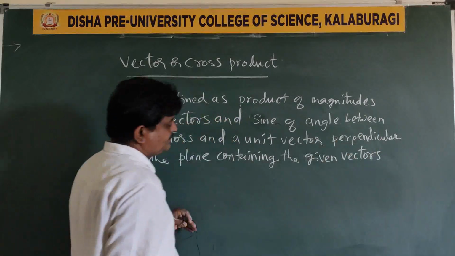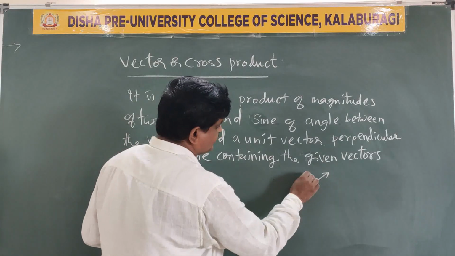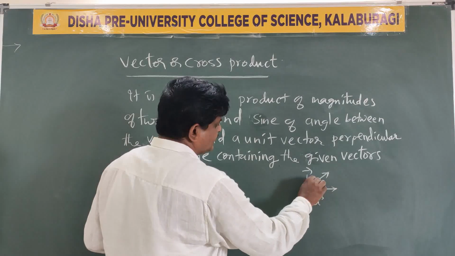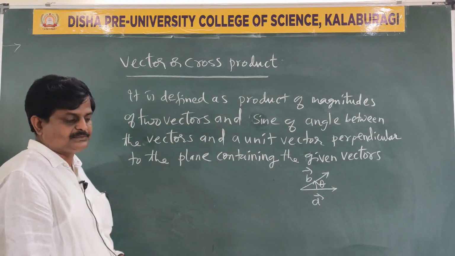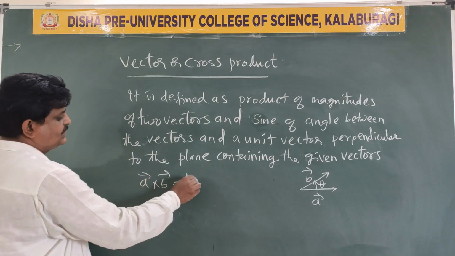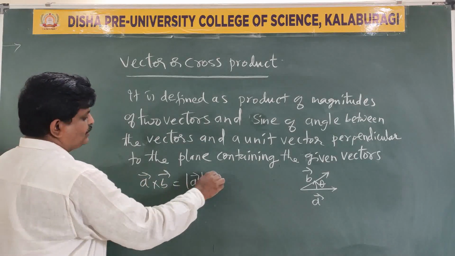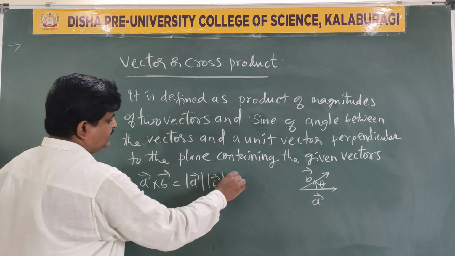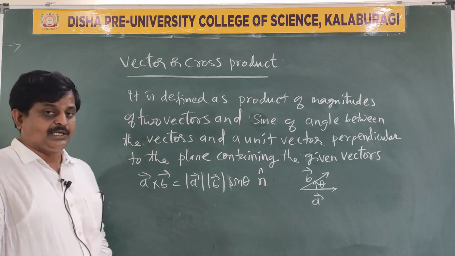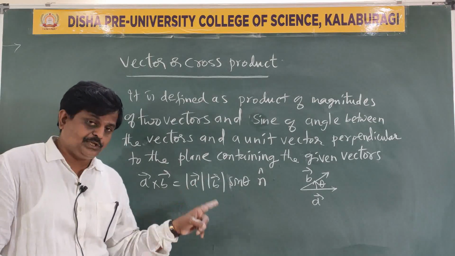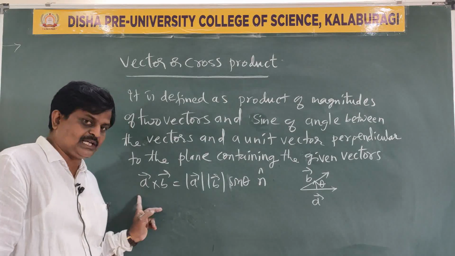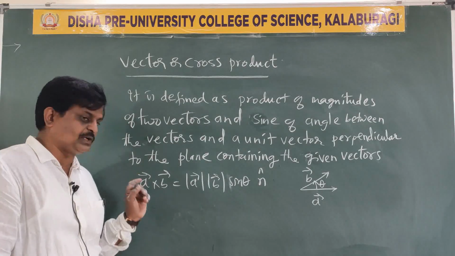Right? See, once again the same concept: this is the B vector and this is the A vector, and the angle is defined from A to B. So here is the concept. A cross B can be written as modulus of A, modulus of B, sine theta, into n cap. What is special about n cap? N cap is the unit vector which specifies the direction of this product, the cross product.